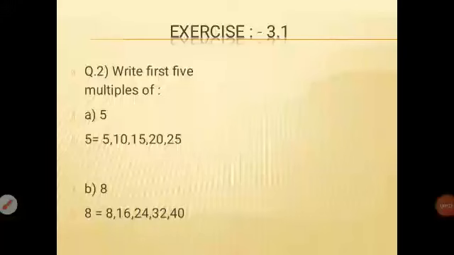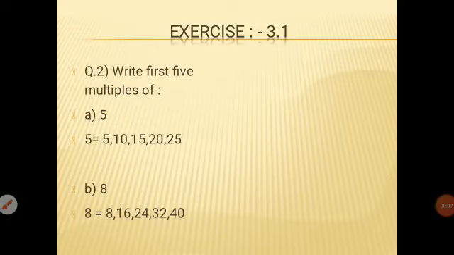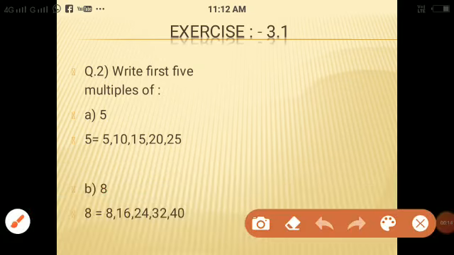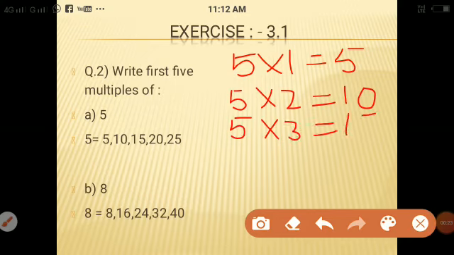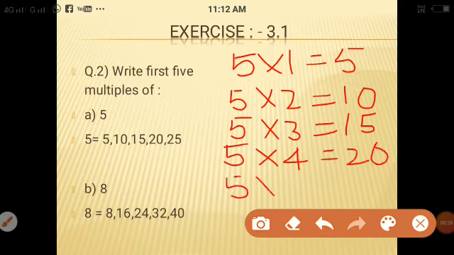Now the next question is: write the first 5 multiples of 5. As we know the table of 5, we can write directly or write 5 multiply 1 is equal to 5, 5 multiply 2 is equal to 10, 5 multiply 3 is equal to 15, 5 multiply 4 is equal to 20 and 5 multiply 5 is equal to 25.